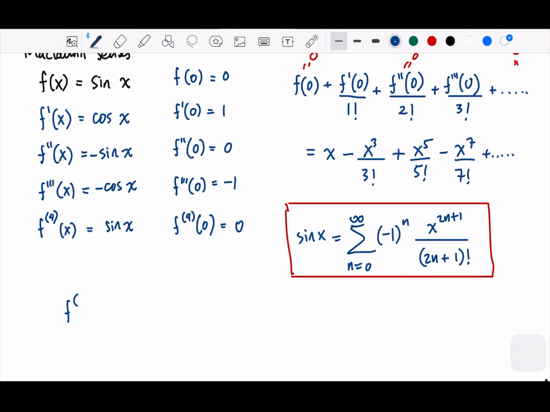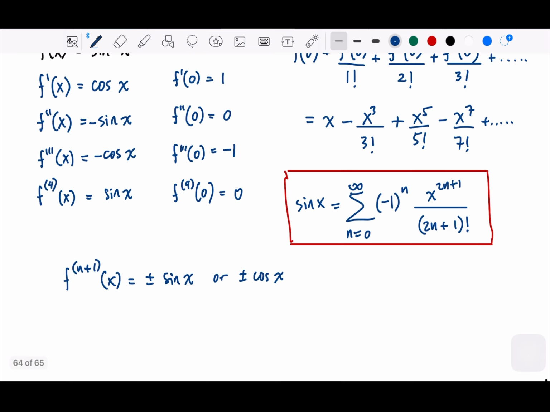So the f derivative n plus 1 of x is either plus or minus sine x or plus or minus cosine x, right? So if we take the absolute value, the maximum number will be 1. So we can let m equal 1.